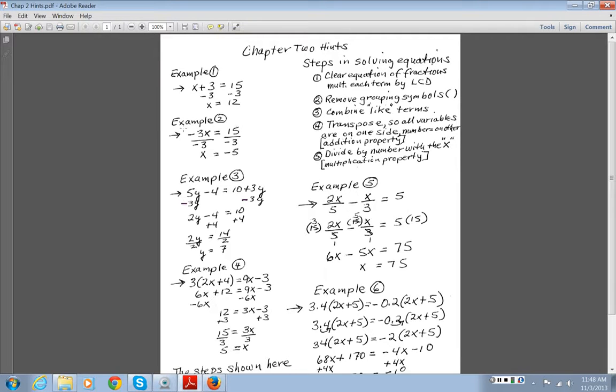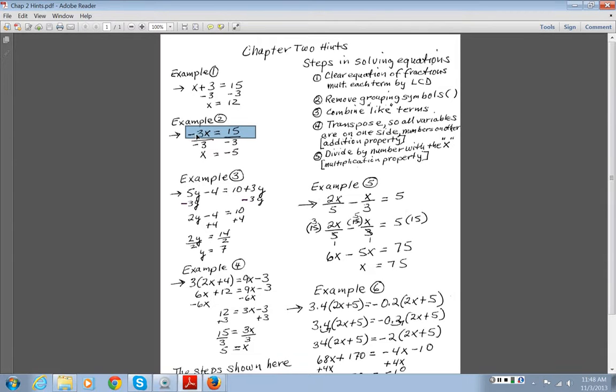Now in example 2, the basic equation is this. A negative 3x equals 15. So there's just the term with the variable on the left. So we go now to rule number 5, divide by the number that's with the x.